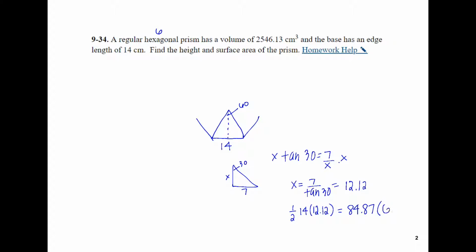We have 6 triangles, so we need to multiply that by 6. So the area of our hexagonal base is 509.22. We then can take our original volume and divide that. So this is the area of our hexagon.